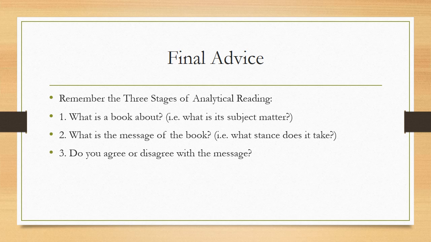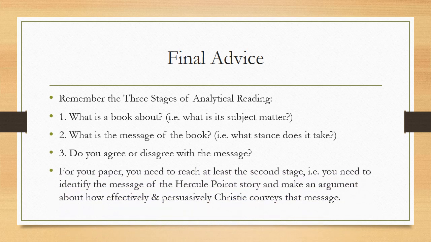Because you're arguing, since it's a rhetorical analysis, you're arguing about how effectively the author creates the text. Well, this means you need to reach at least the second stage. You need to identify the message of the story, because you're making an argument about how effectively and persuasively the author conveys that message. You should probably also get to stage 3.